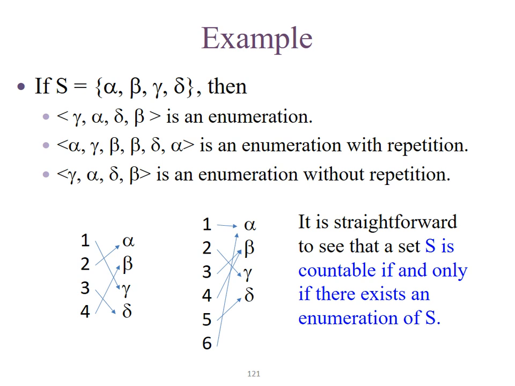If S is countable, then we can use an enumeration of S, because we know how to assign 1, 2, 3, 4 to the elements of S. That means S is countable. So remember, we have such a tool: once you prove the enumeration exists, it is a countable set.